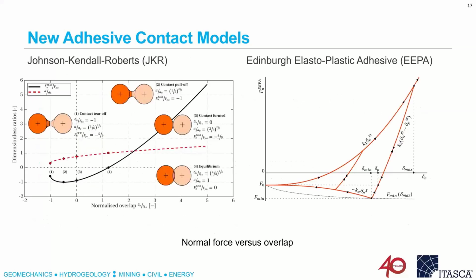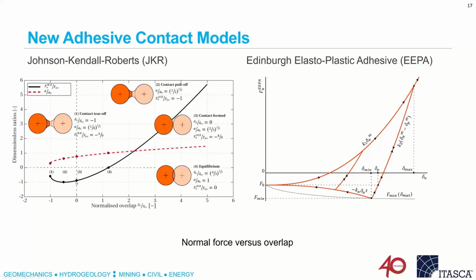Just very briefly, this is a schematic view of the evolution of the normal force versus overlap for the JKR model on the left-hand side and the EEPA model on the right-hand side. Both models start at 0 overlap at contact with an attractive force.